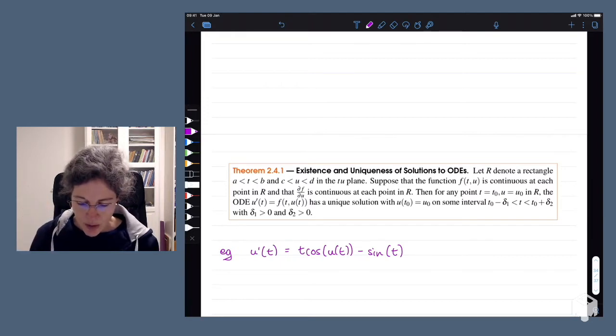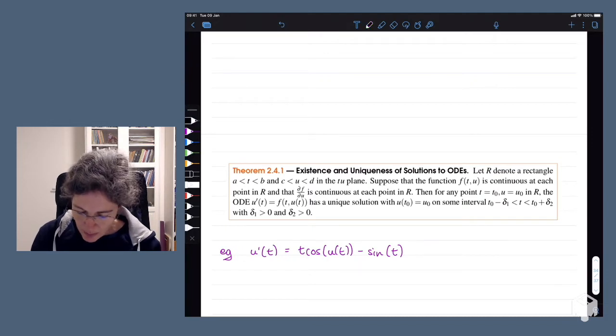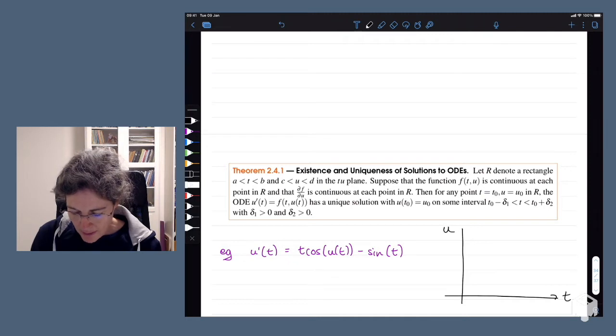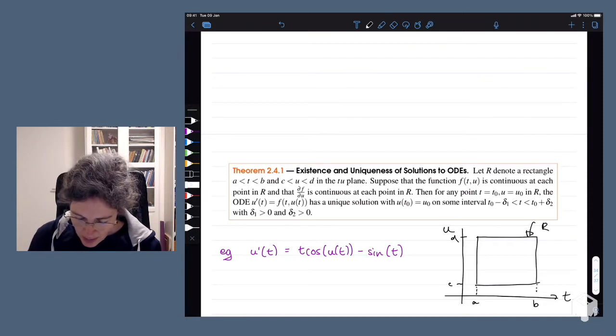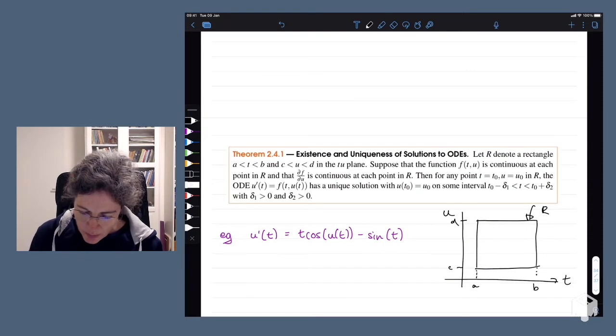So once again, we've got a rectangle, which we had before. So we are always thinking in the tu plane. And we have a rectangle, just like we did before. And its width is b minus a, and its height is d minus c. So this is our rectangle R. And we're going to suppose, and again we have our function f of t and u.